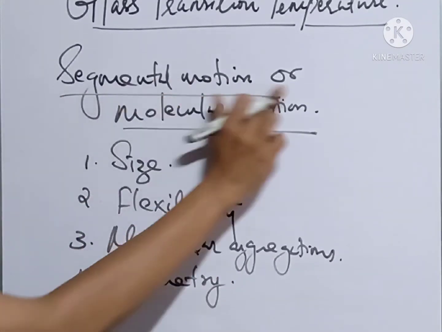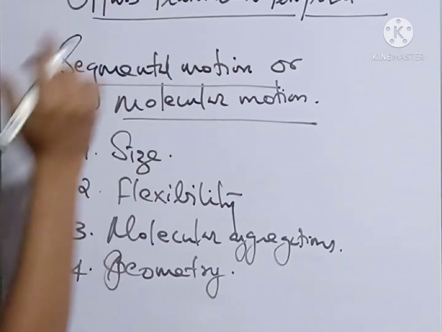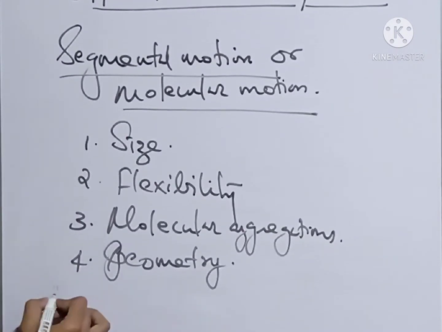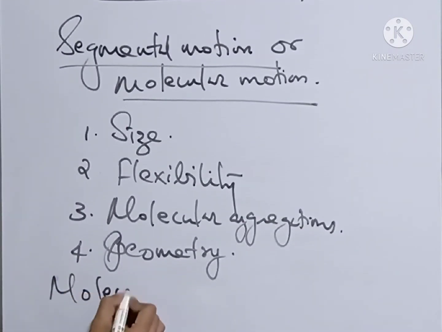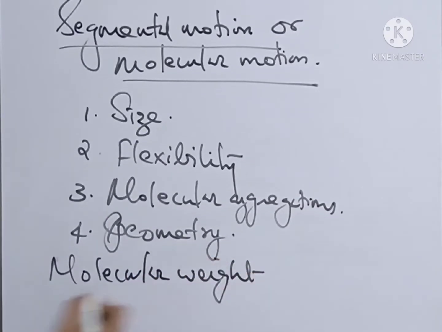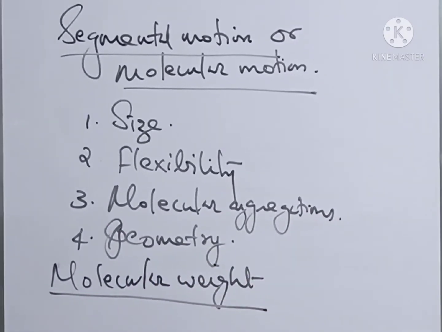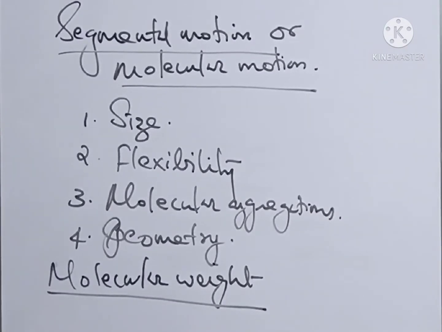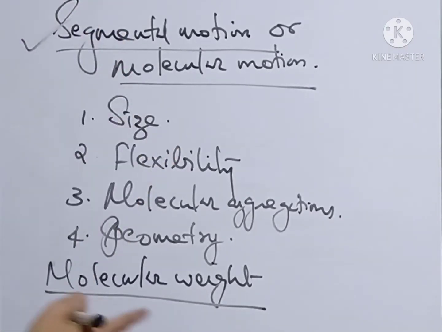In addition to segmental movement, glass transition temperature also depends on the factor molecular weight of the polymer. So first one, segmental motion or molecular motion.